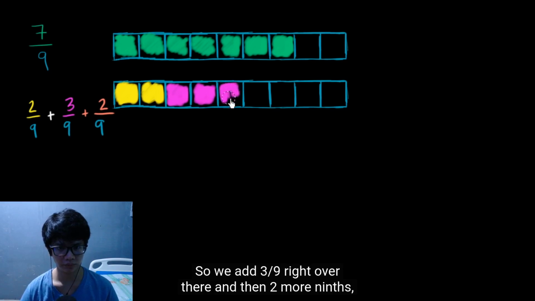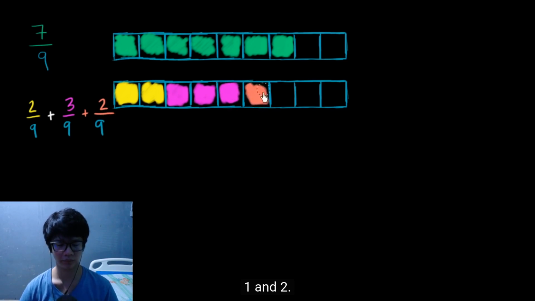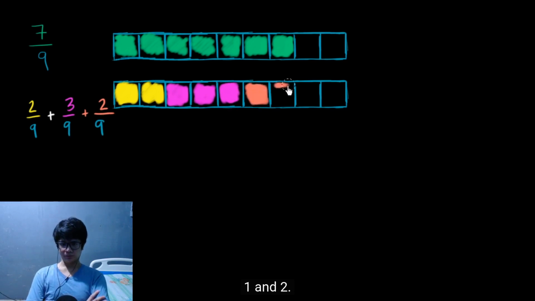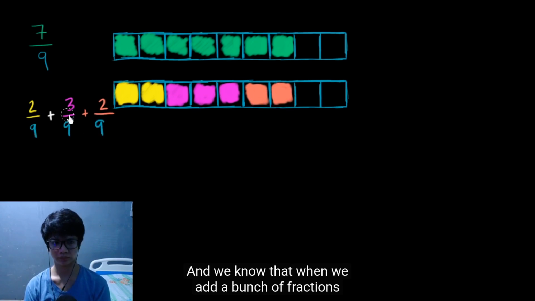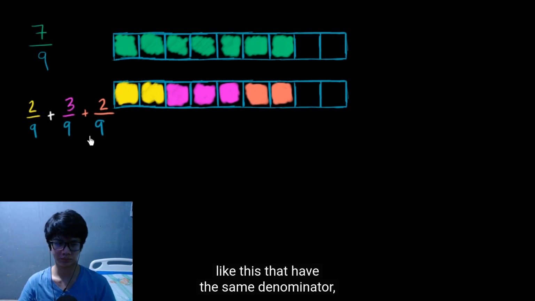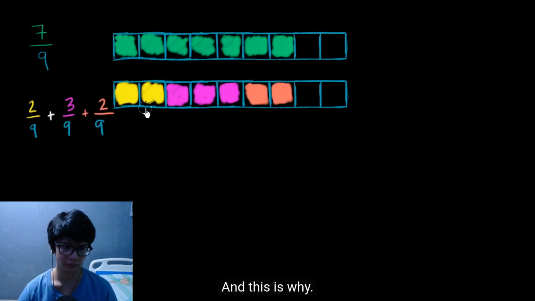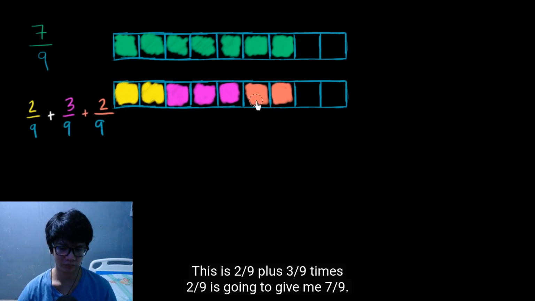So we add 3 9ths right over there, and then 2 more 9ths, 1 and 2. So notice when I added 2 9ths to 3 9ths to 2 9ths, this equals 7/9. And we know that when we add a bunch of fractions like this that have the same denominator, we can just add the numerator. And this is why. 2 9ths plus 3 9ths plus 2 9ths is going to give me 7/9.